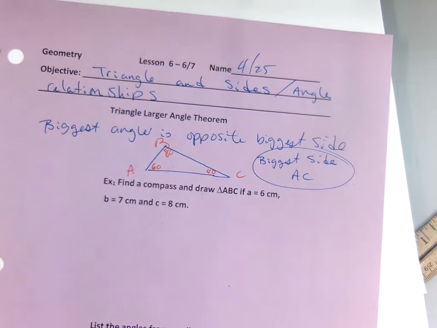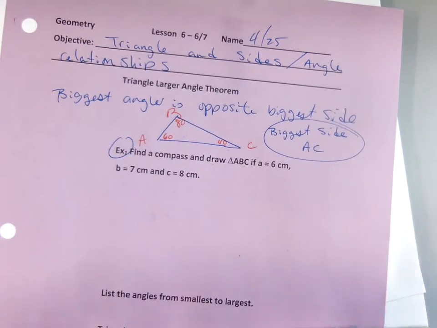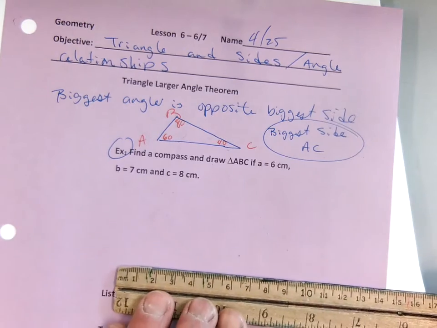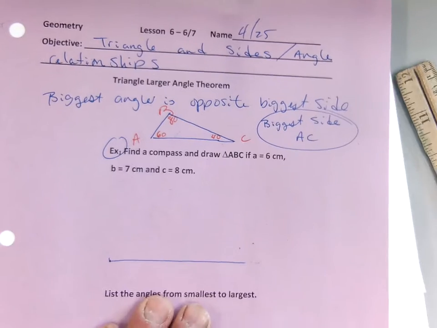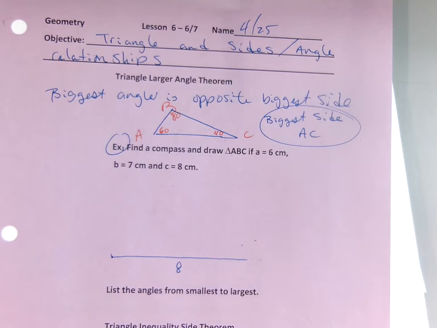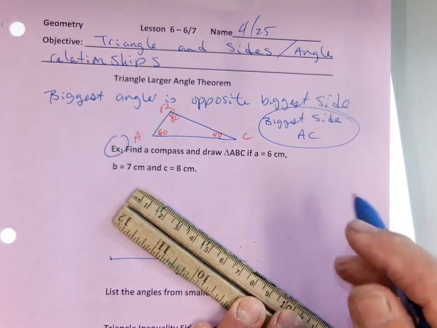Okay, example 1. Can you draw this triangle? I think so. Give me a second to see if I can draw it. I'm going to put my 8 down here. There's my 8. And I need my 7 and my 6. It's going to be pretty close to that.